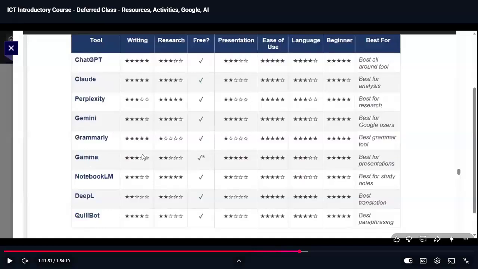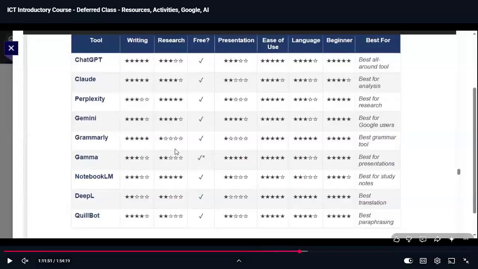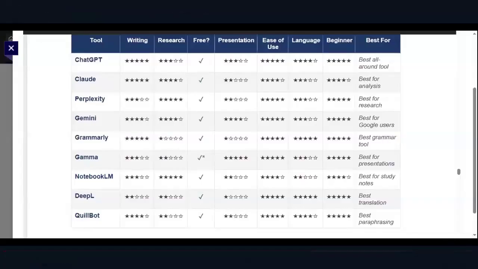Okay, we have here Gamma. I think Gamma is the best for presentation. Okay, I have my opinions. Gamma is very good for presentation, but I have my opinions in counter. Gamma, I think, is good.